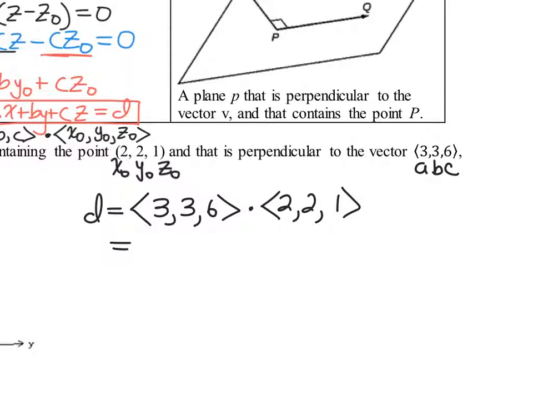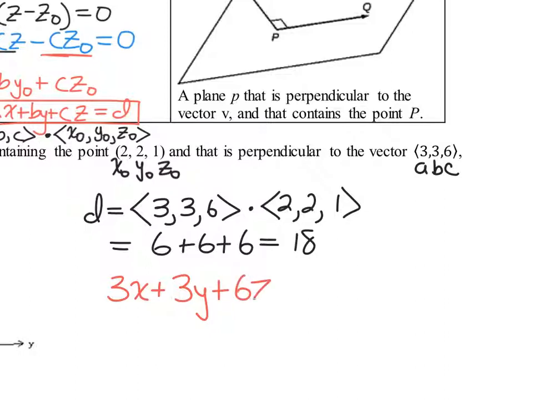So 3 times 2 is 6, plus 6, plus 6. I remember that being so cool, but all right, I'll take it. And so we're looking at 3x plus 3y plus 6z equals 18. That's the plane.